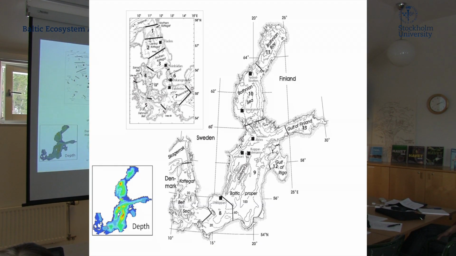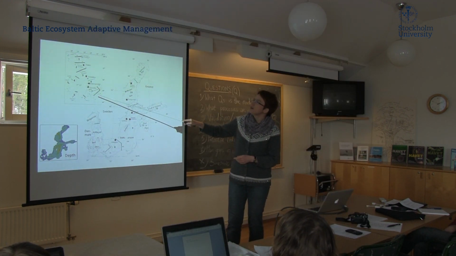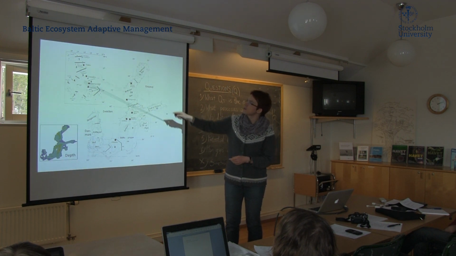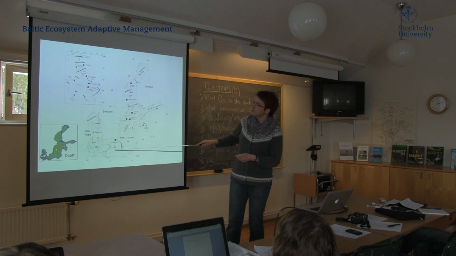So basically the model divides the Baltic into 13 sub-basins. There's a very high resolution in the entrance area to the North Sea, so there are basically 7 basins until you have reached the Bornholm Basin.